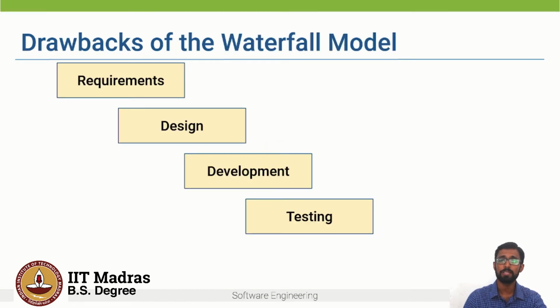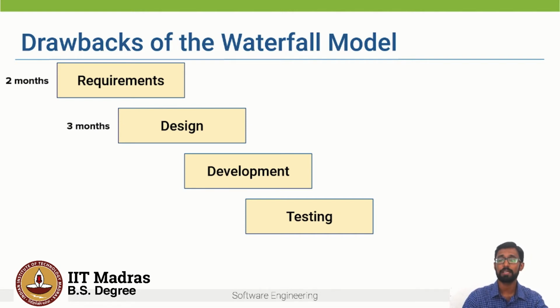Okay, so now let's look at some of the drawbacks of the waterfall model. Let's say we are developing software for a client and we talk to the client, we gather requirements. Let's say that takes around 2 months. Then based on these requirements, we come up with the big picture view, the design, right? That takes around 3 months.